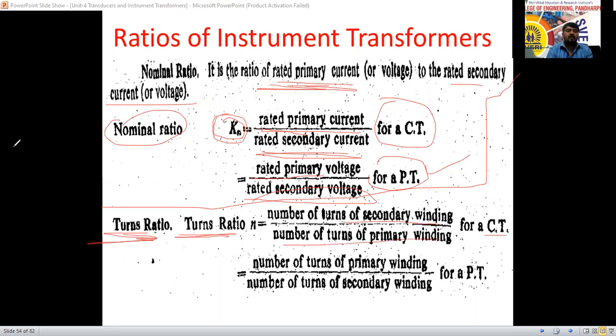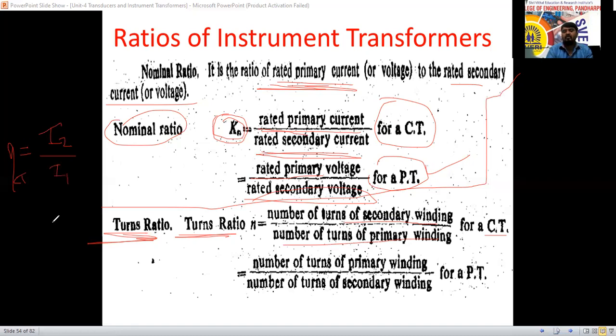For the turns ratio of the CT, it is the number of turns in the secondary winding to the primary winding. We are going to write like this here.